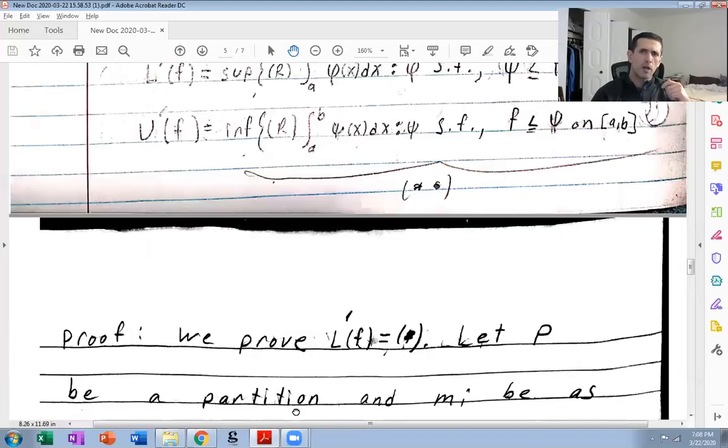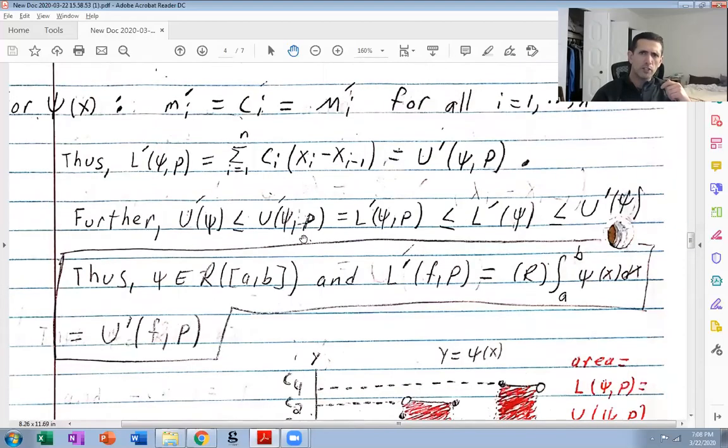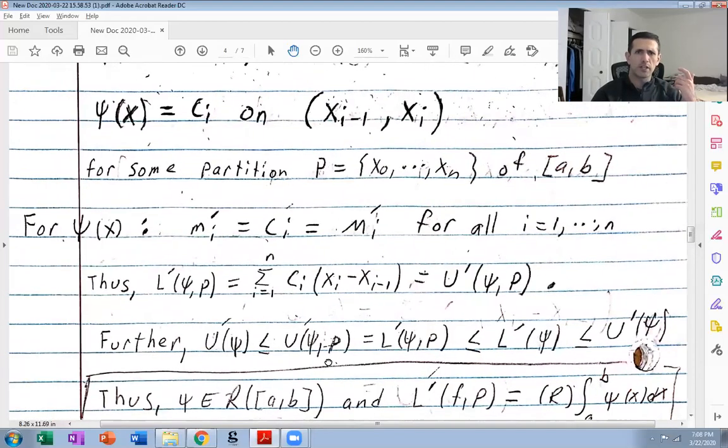So remember, we mentioned that essentially by definition, if my step function is ci on each of these open intervals, then the modified lower Riemann sum and the modified upper Riemann sum coincide, corresponding to this partition, and it's just going to be this sum here.